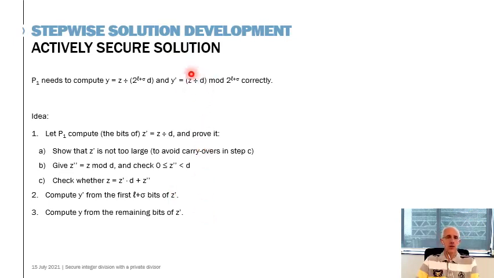Why is that? If you look at this expression, this is c prime, so y prime will be the first L plus sigma bits, and y will be the remaining L plus sigma bits. And that way we can also make an actively secure solution.